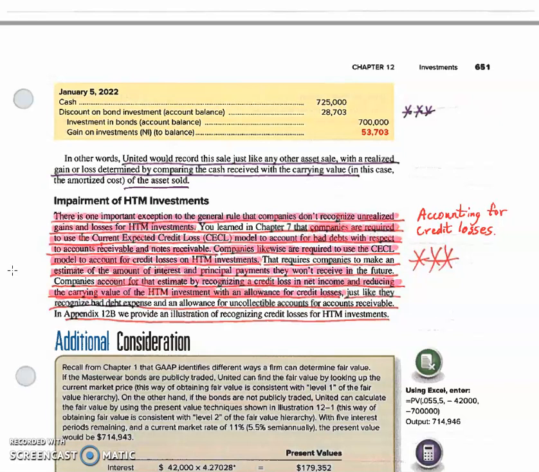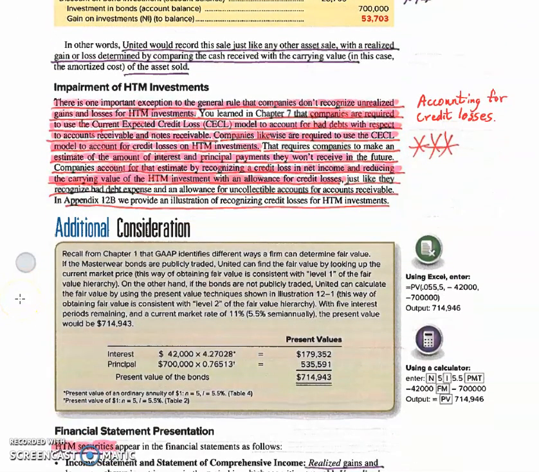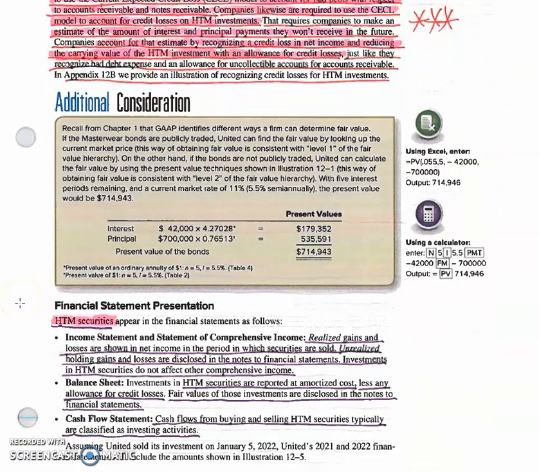That's the current expected credit loss model. But credit losses have to be recognized immediately in net income. So that's kind of the point that they make in that section.